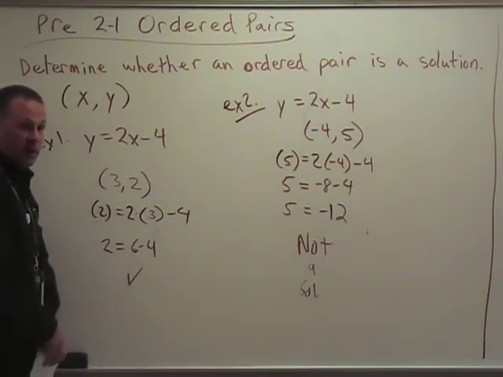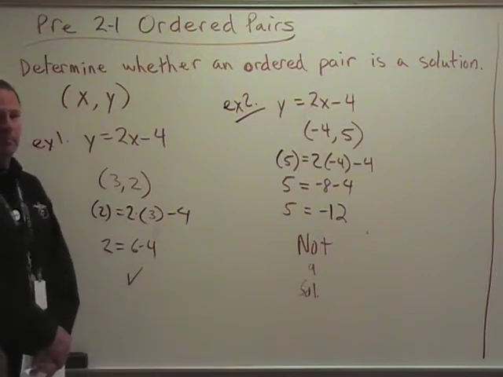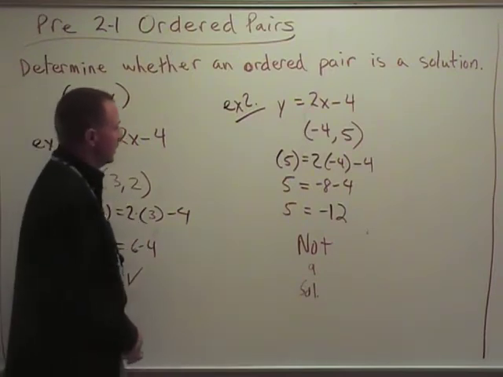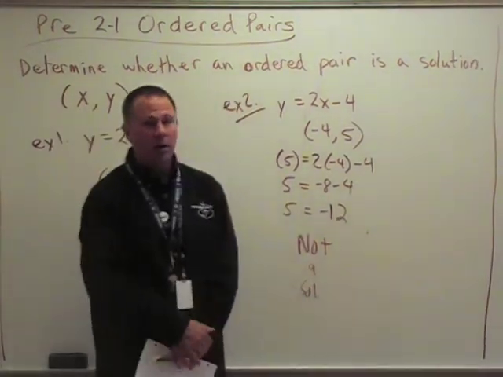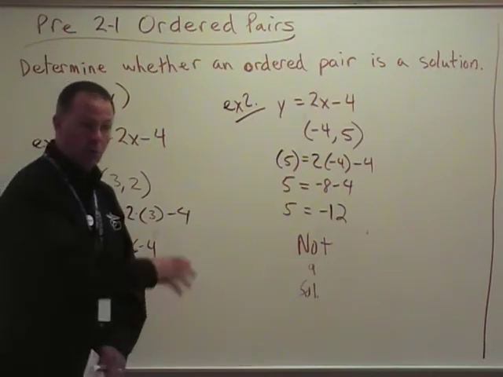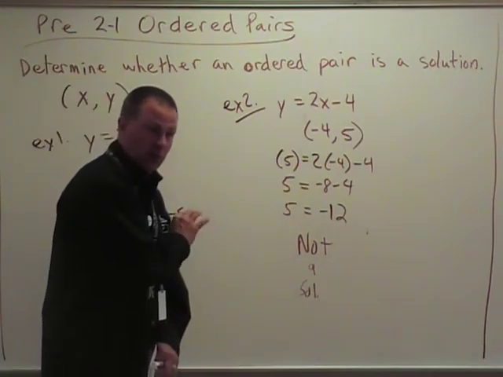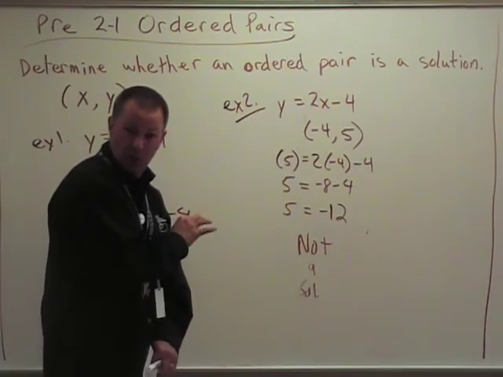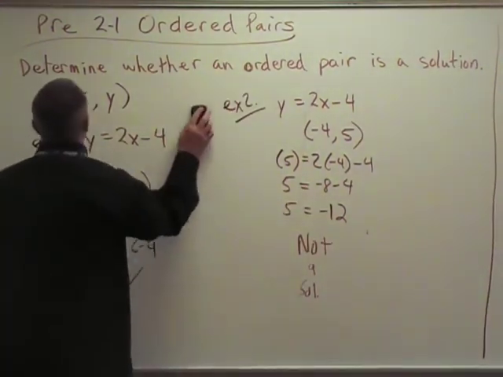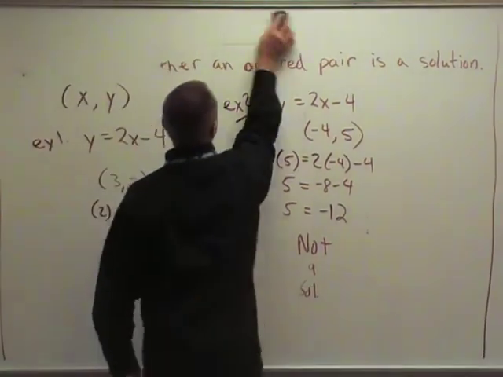And 2 equals 2, right? That tells you that it is a solution. Okay? Alright. There are infinitely many solutions that will work. But there are also infinitely many solutions that won't work. Alright, so you're just checking one possibility on your homework.